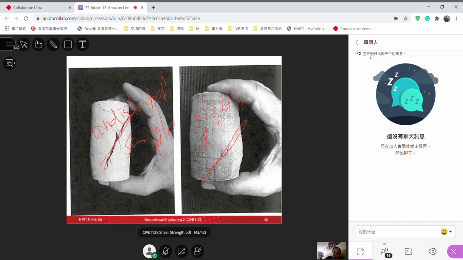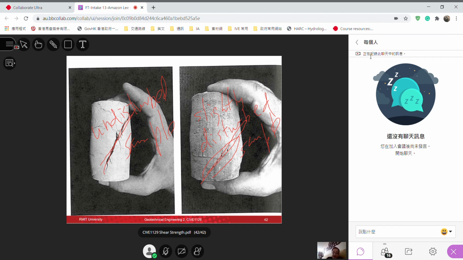disturbed soil, that during sampling, handling, testing, there's some remolding going on, so it disturbs the initial fabric. So you can see that the failure plane is not so visible, and the structuring failure mode is also changed.